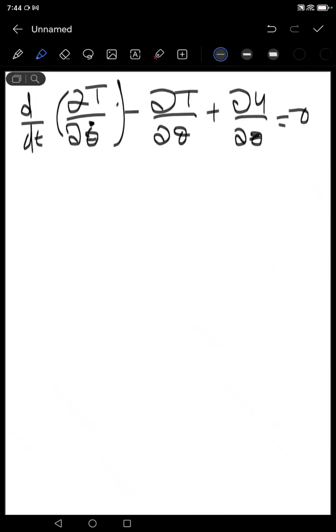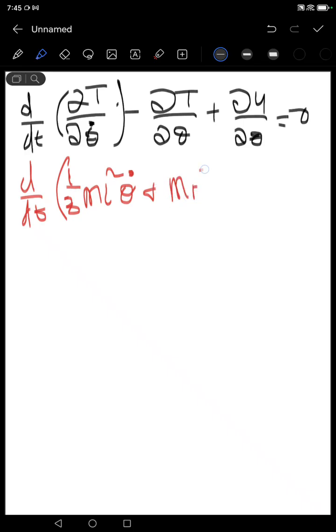So after derivative, the first theta dot, we had 1 over 3 ml squared theta dot, plus m r squared theta dot, like this, minus, and then we're going to go back to our kinetic energy and check where there is only theta, the one that doesn't have a dot on top, and derivate with respect to theta, the one that doesn't have a dot.